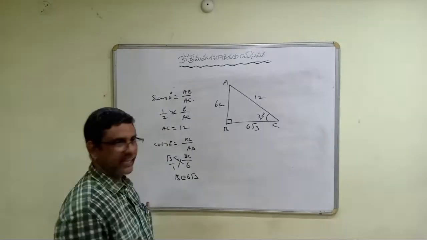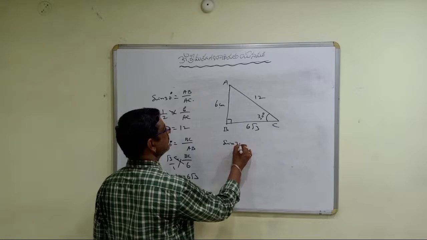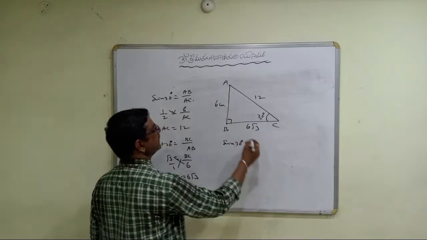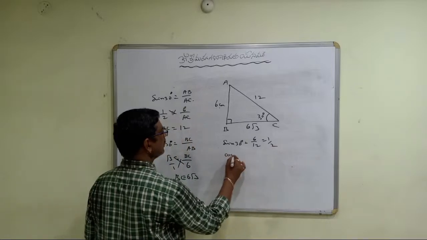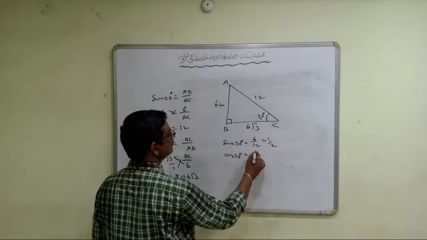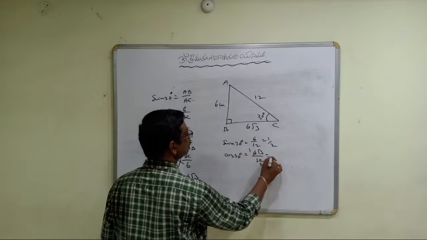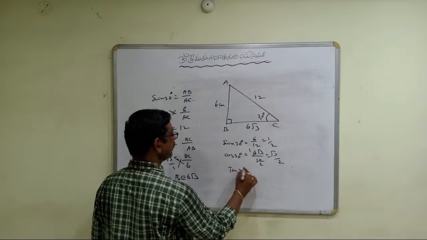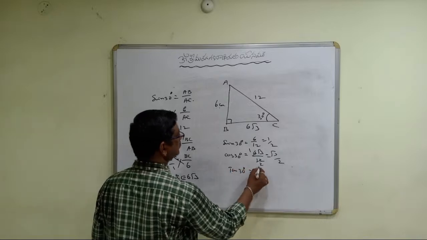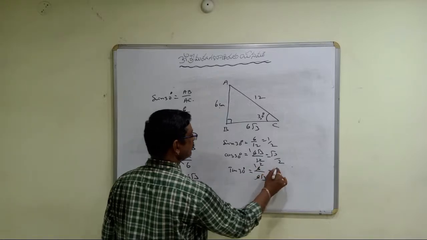Can we write sin 30? Yes. Sin 30 is 6 by 12, which is 1 by 2. Cos 30 is 6 root 3 by 12, root 3 by 2. Tan 30 is side opposite to 30 by side adjacent to 30, 1 by root 3.